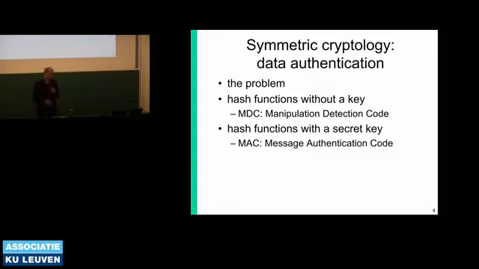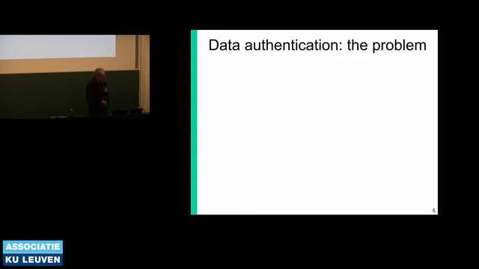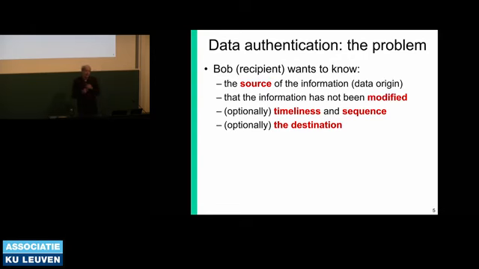So we first revisit the problem a bit more in detail, and then we look at unkeyed solutions and keyed solutions. The problem of data authentication is: you get a bunch of bits or a piece of software. Something arrives, or you find it on a hard disk, or it's being mailed to you, and you want to find out who is the source of the information.